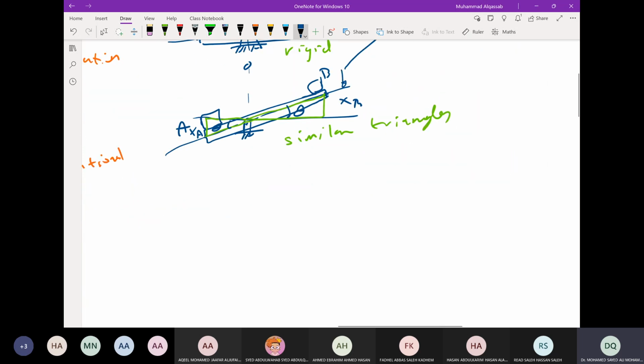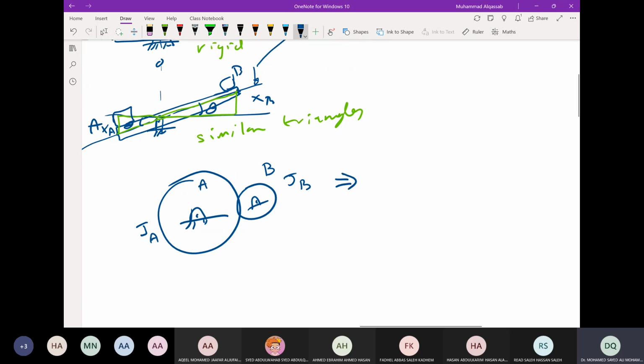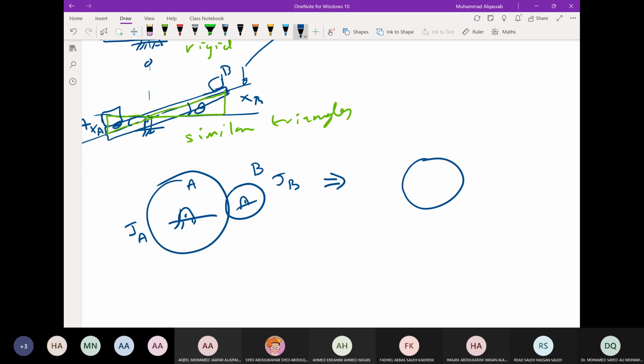The same thing if you have gears in mesh. This is gear A and this is gear B. This has a moment of inertia JA and this has a moment of inertia JB. This can be represented as one object in rotation.